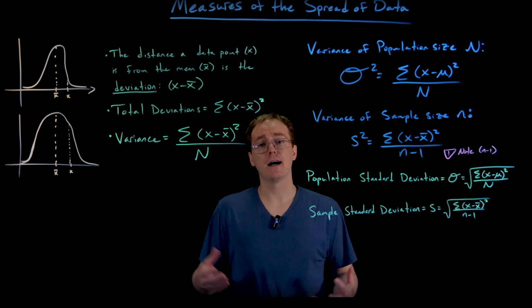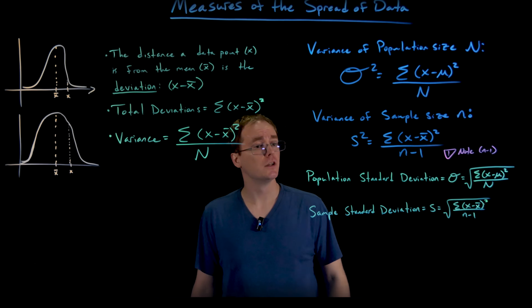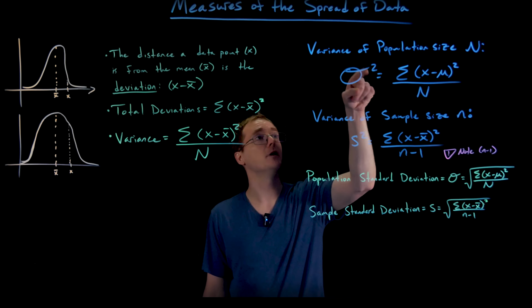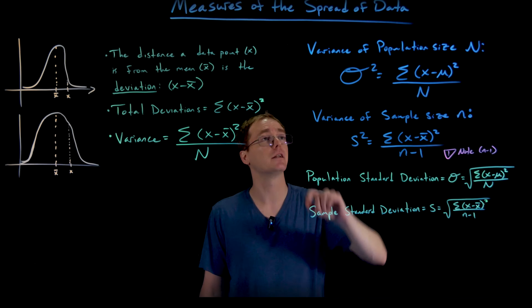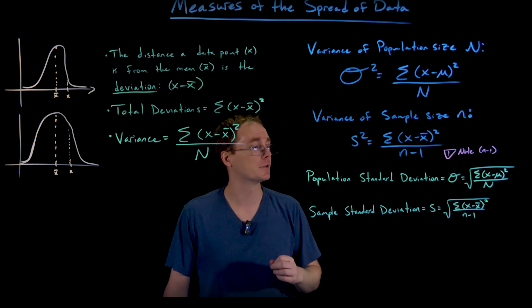And so now we're ready to define the standard deviation, which is a critical concept in statistics. We have two different types of standard deviations, just like we have two different types of variances. The population standard deviation is denoted as just sigma, and it's found by taking the square root of the population variance, right? So to go from sigma squared to sigma, we just take the square root of sigma squared.